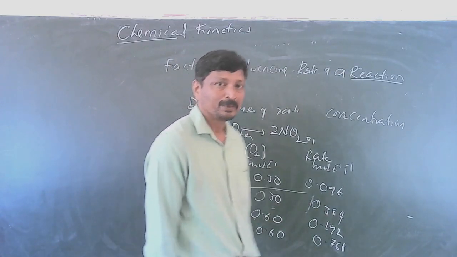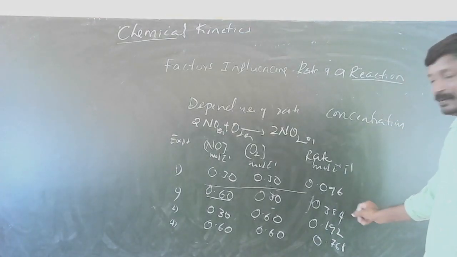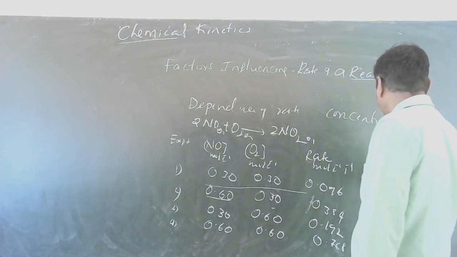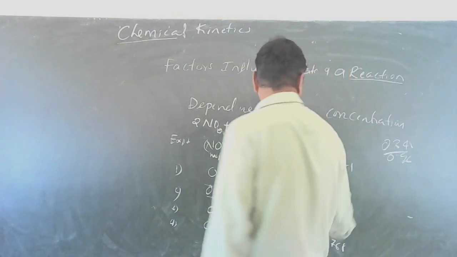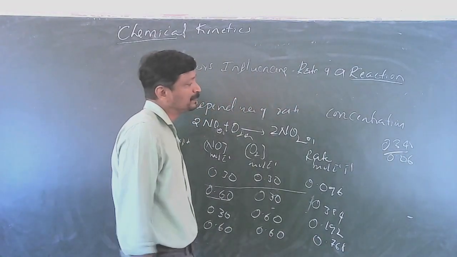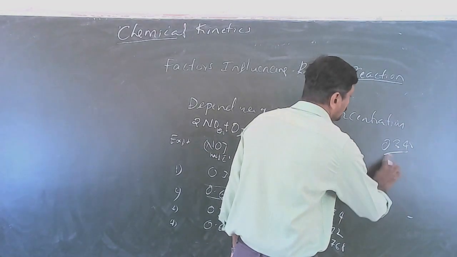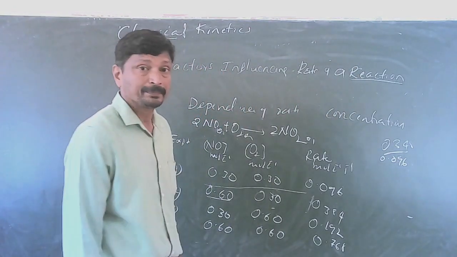You have to find out how many times the rate is increasing. 0.384 divided by 0.096 is 4 times.